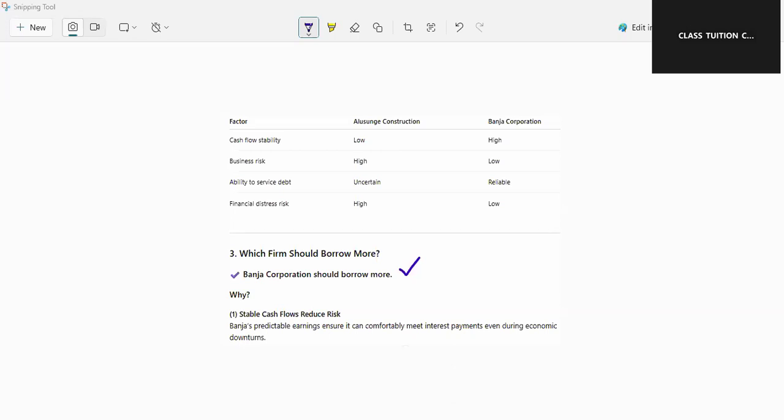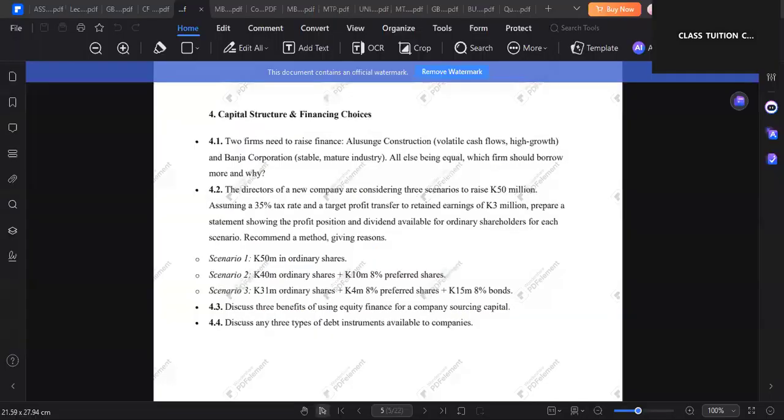Borrowing sometimes is a good idea depending on where you are looking. All right. So this is why Banja should borrow more. Isn't this interesting? So you cannot guess when you don't know. It comes from a certain background.